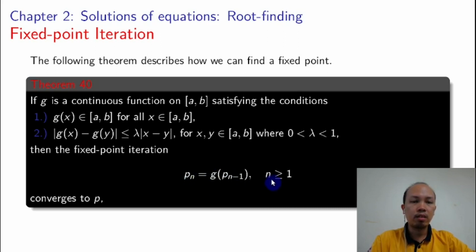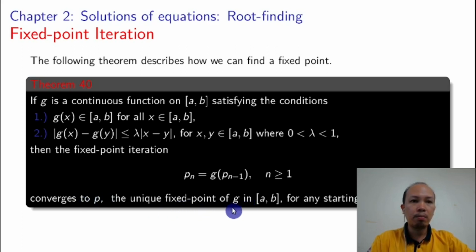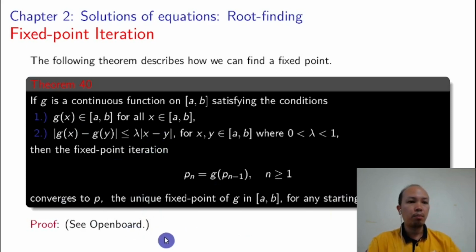For all n greater than or equal to 1, it will converge to the unique fixed point p of g in the closed interval [a, b] for any starting p sub 1. Okay, so it will converge. This theorem will also be proven in the open board later.